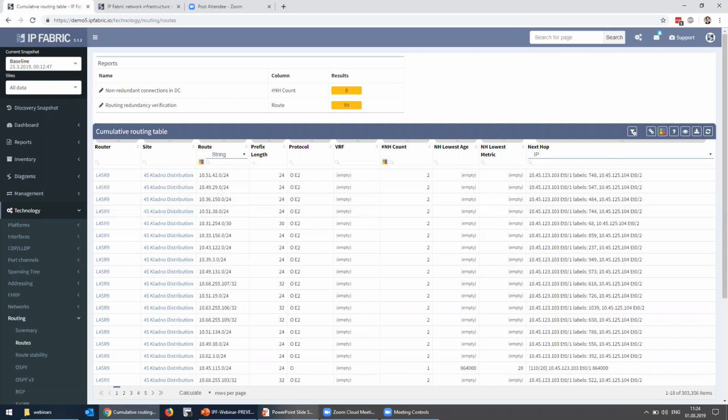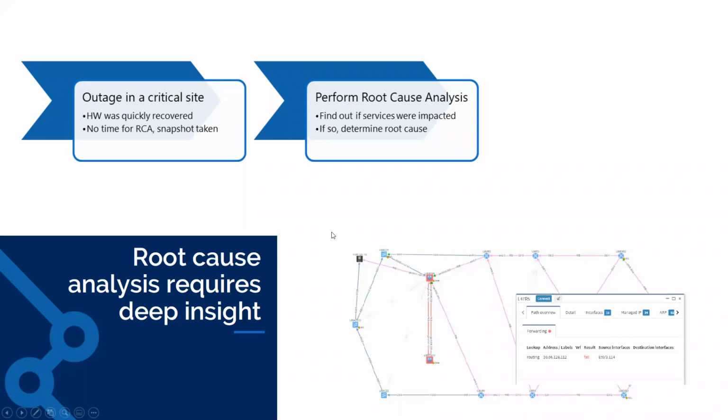So this type of analysis is very time consuming, and usually should be done during the day, not during the outage. It's not possible to conduct such an in-depth analysis during the outage, because during the outage, what we are interested in is to bring the service back up as soon as possible.